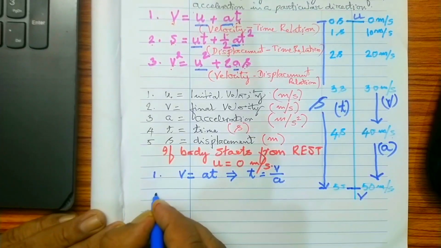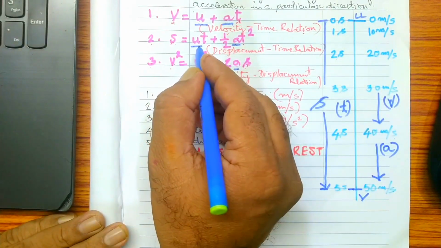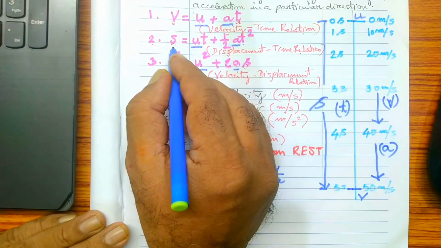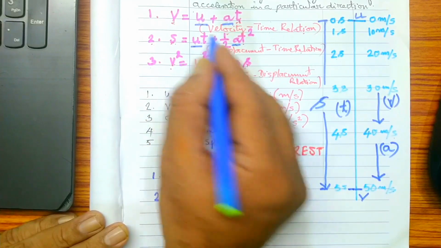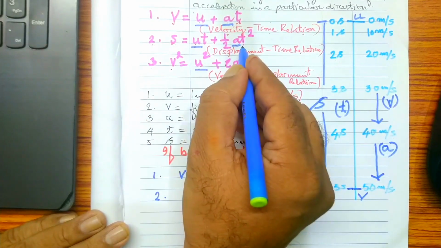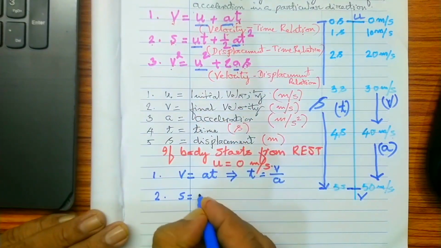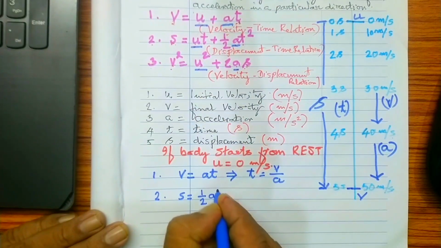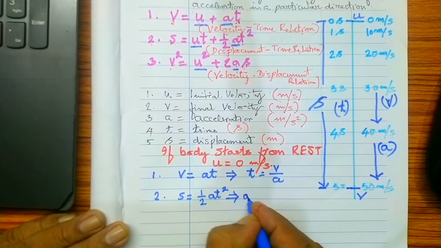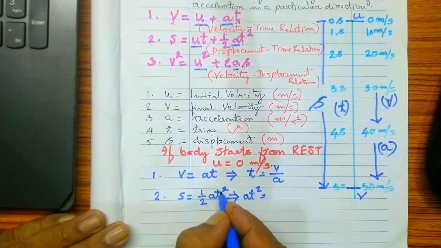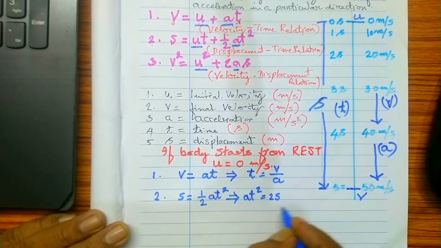Now second equation, let us substitute u is equal to 0 in this second equation. Here in the second equation, s is equal to 0 into t, then it will become 0, plus half at square. 0 plus half at square is equal to simply half at square. I am writing that s is equal to half at square. I think you have understood it. That implies at square is equal to, cross multiplication I am doing, at square is equal to 2s.